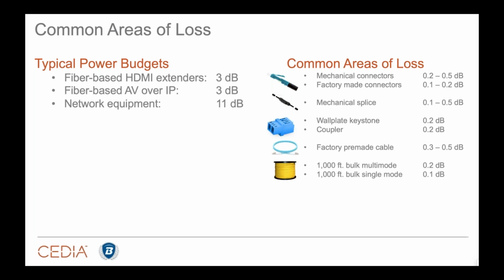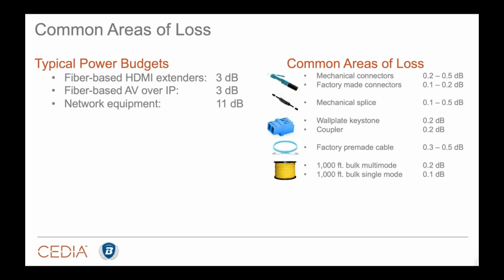This means that an improperly terminated cable will just slow down the signal, okay? Network equipment will tolerate anywhere from 11 to 22 dB of loss. That's a significant amount of loss before you start to see those electronics not work anymore.